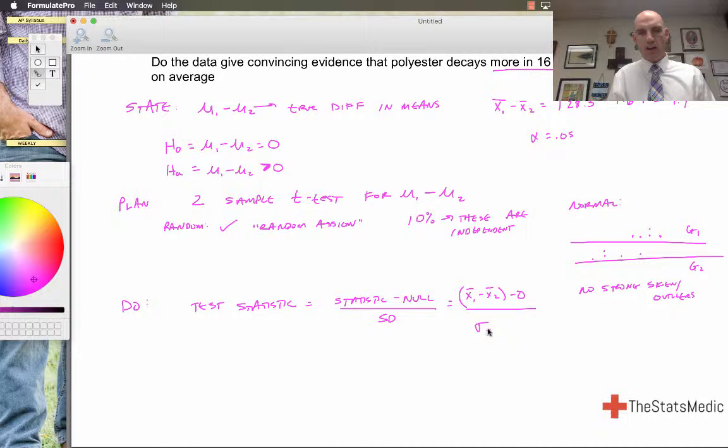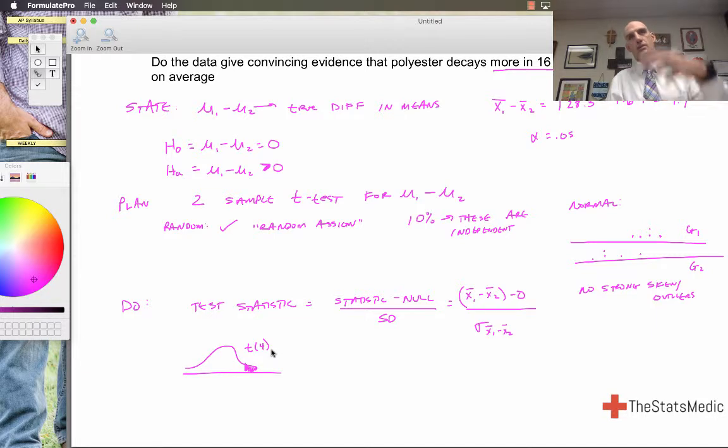And that's over the standard deviation of x bar 1 minus x bar 2. So when we actually do this, we are evaluating for t with 4 degrees of freedom, because we have 5 in a sample. So here's 0, and 7.4 is our mean. We're trying to figure out the probability that it's greater than 7.4, because we got a sample mean difference of 7.4.